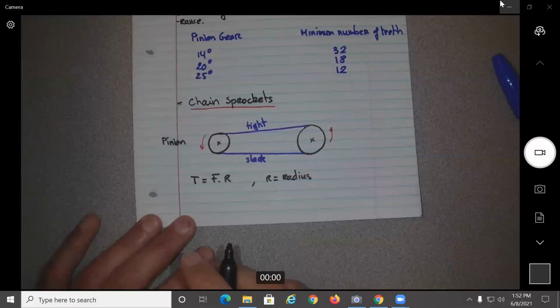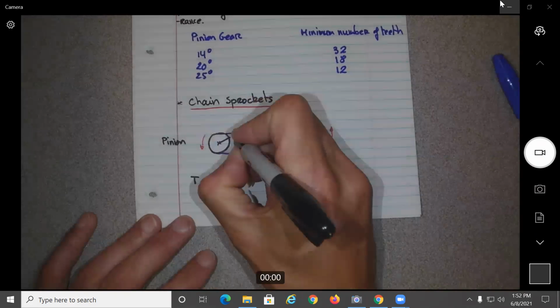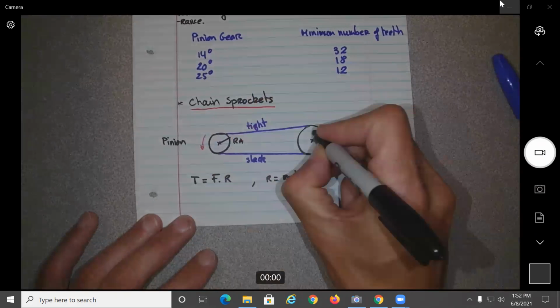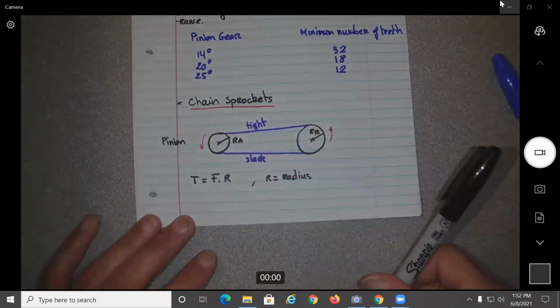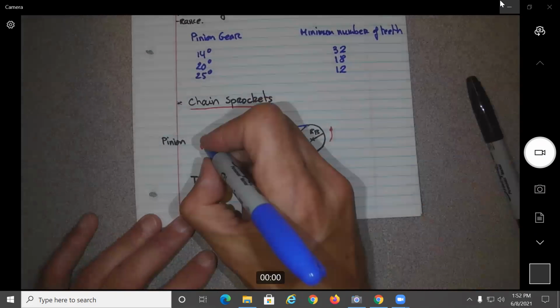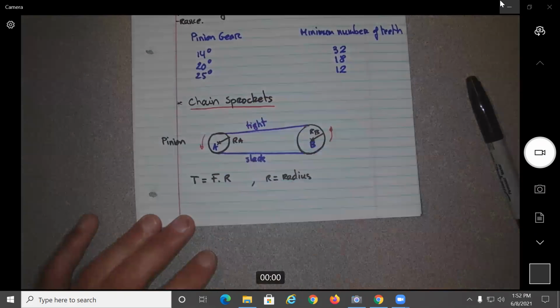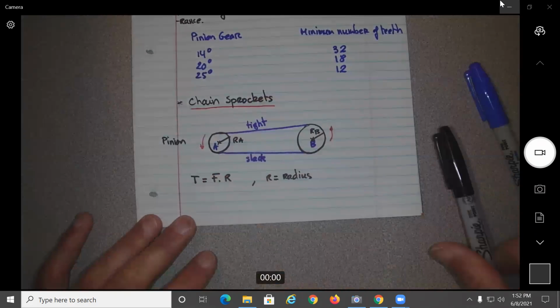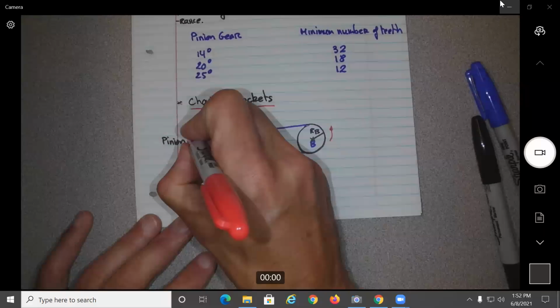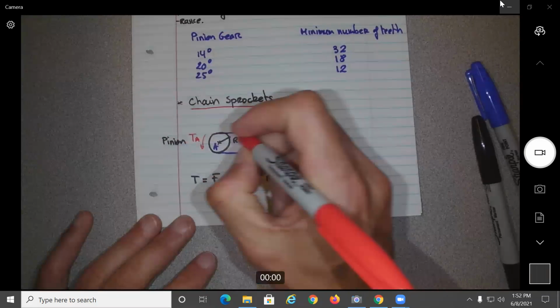I don't want to put too many things on the figure, but let's say this should be R sub A, and let's call this one R sub B, so A and B. Now I call this one torque A, and this would be torque B.